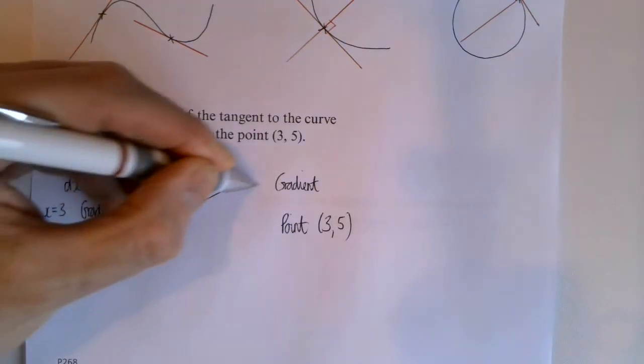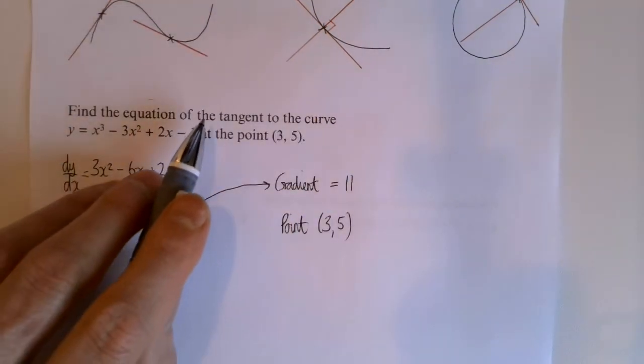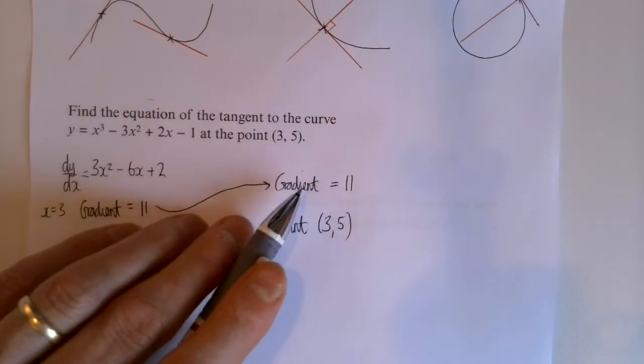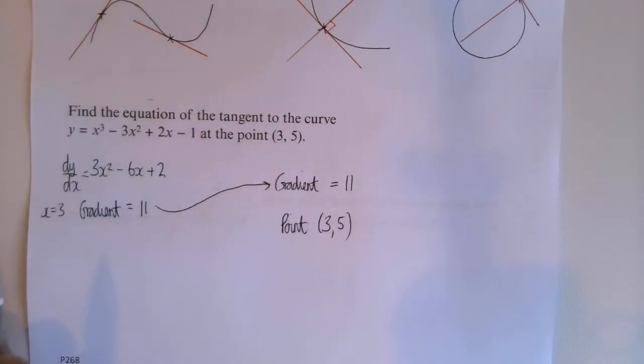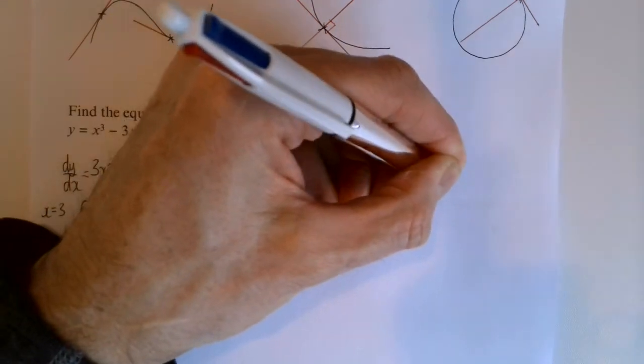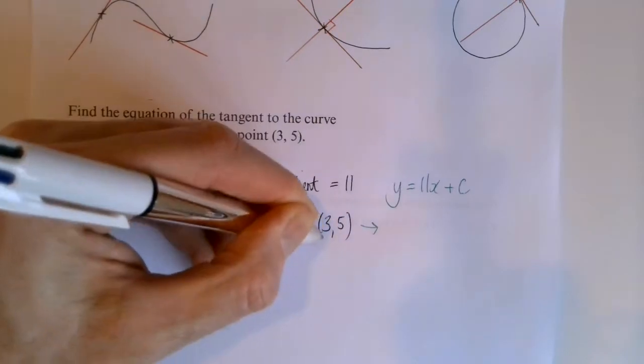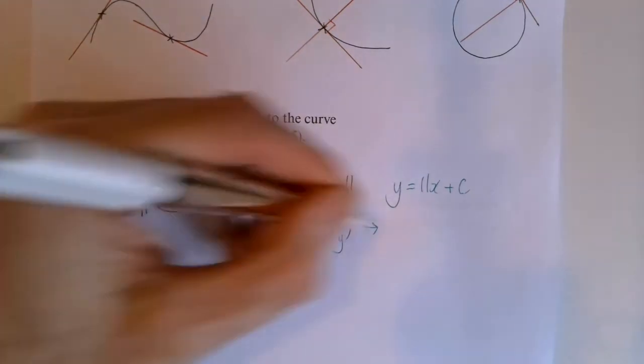I know that the gradient of this curve at that point is 11, so that means the gradient of the tangent at that point will also be 11. So do you remember the process that we go through to work out the equation of a straight line? If the gradient's 11, it's y equals 11x plus something. I then substitute my values in. Remember, that's my x value, that's my y value.